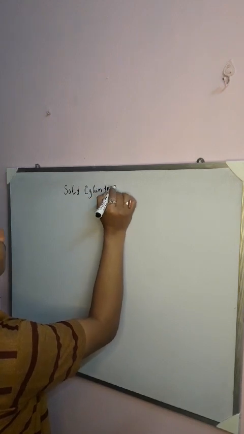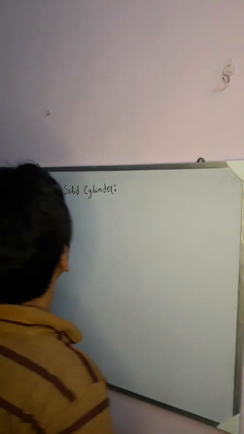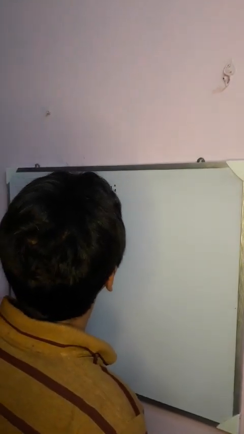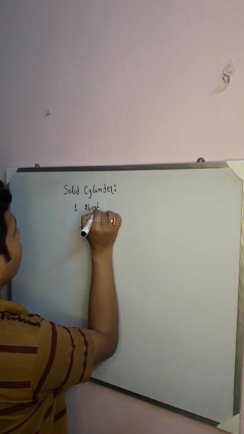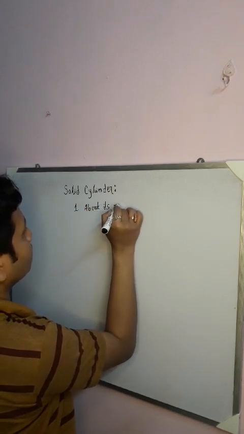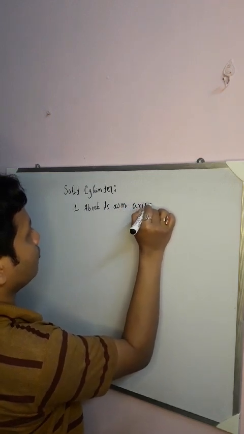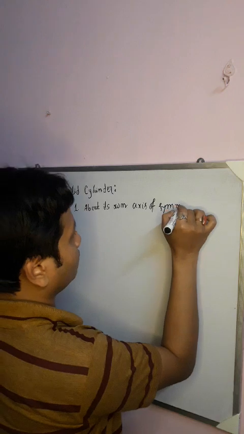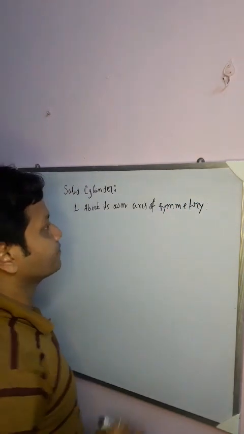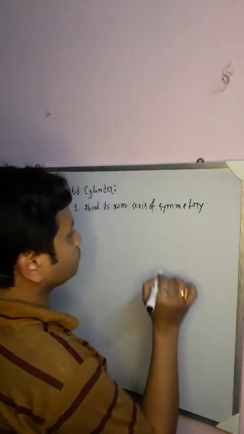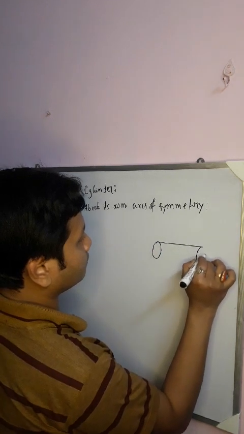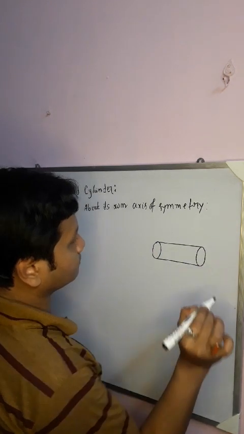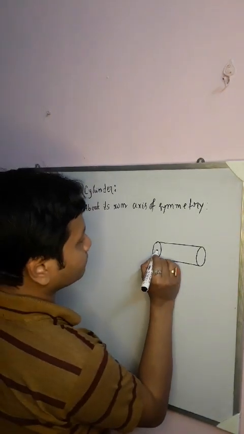At first we are going to discuss about its own axis, its own axis of symmetry. So we just draw a cylinder.